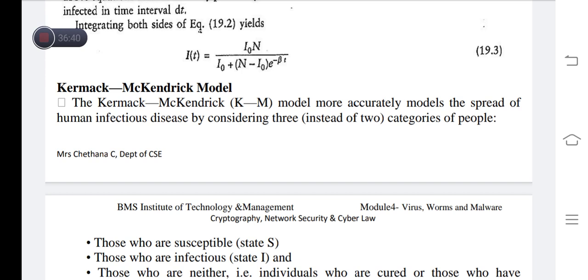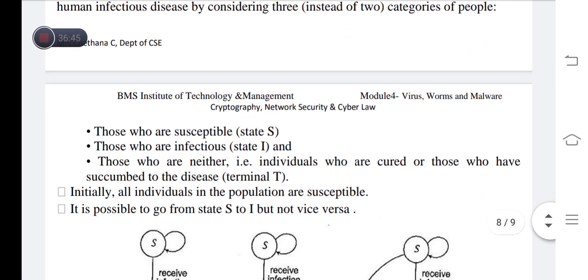But in the KM model, we consider three categories: those who are susceptible, the state S; those who are infectious, the state I; and the third category, those who are neither, that is individuals who are cured or have succumbed to the disease, the terminal state T. We have S, I and terminal T, three categories of entities or people.